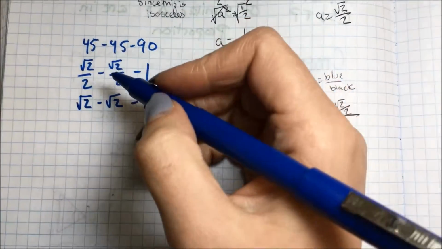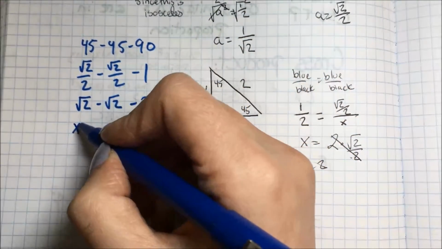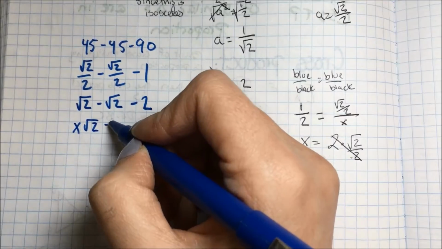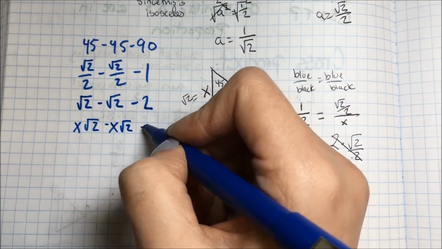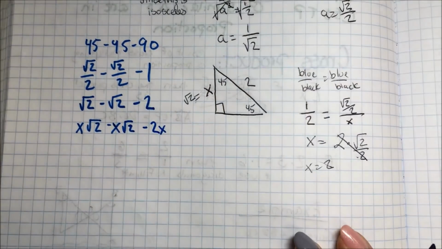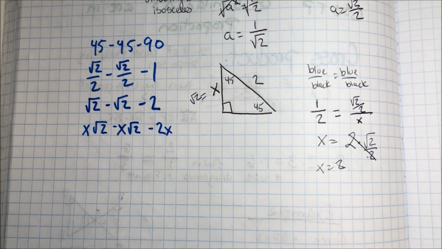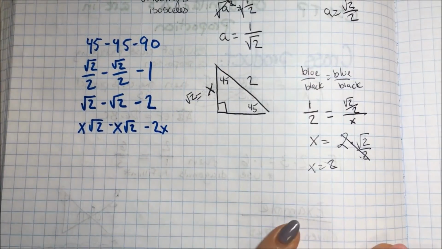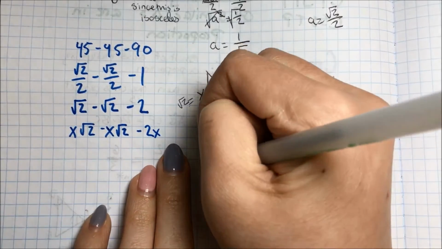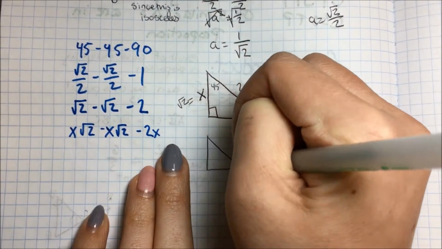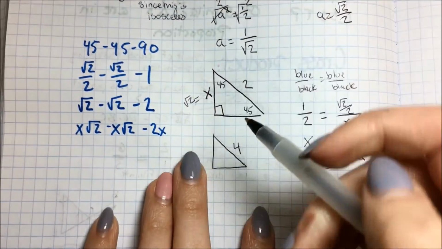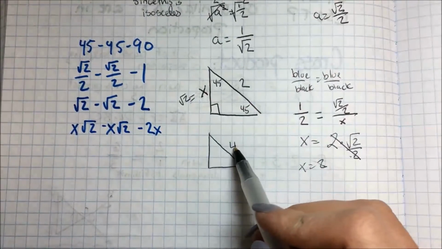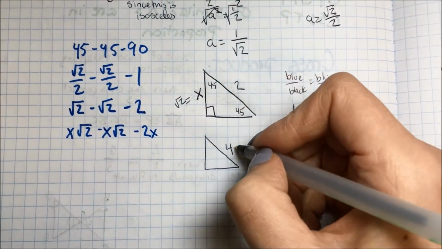Okay, and I could even expand this. I could say x times radical 2 to x times radical 2 to 2x. And what does this mean? This means that for any 45, 45, 90 triangle I draw, if this length becomes 4, well, that's my 2x.